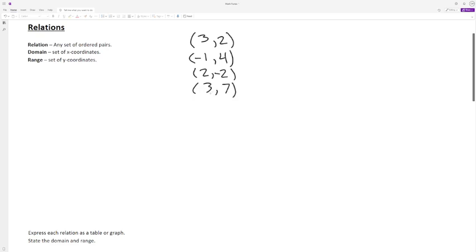These are all ordered pairs. They all have an x coordinate and a y coordinate, and it's a pair of those two values. And a relation is any set of ordered pairs. So these four ordered pairs make a relation.